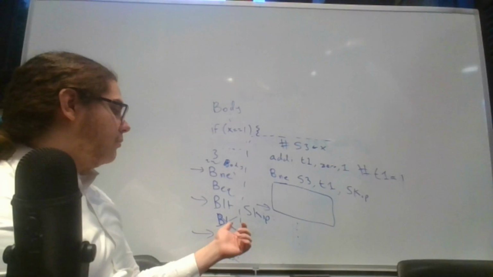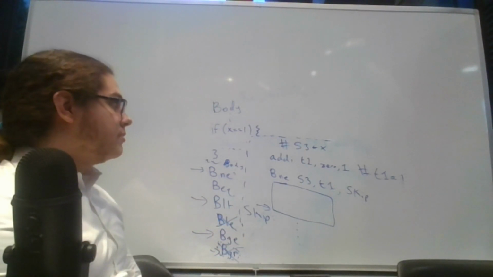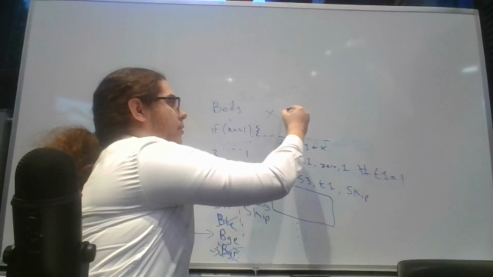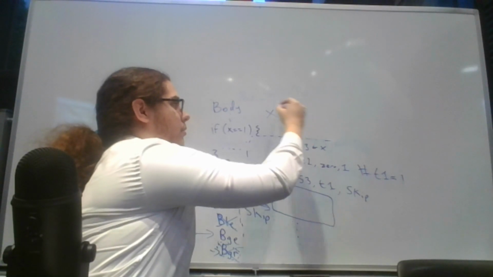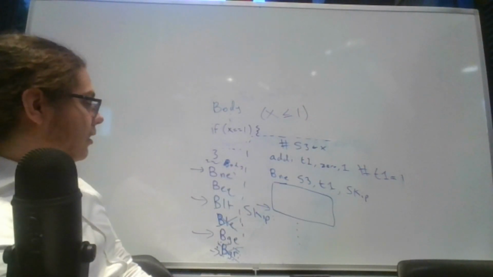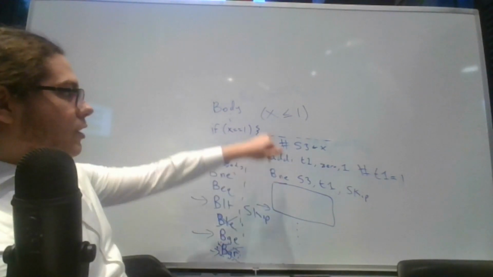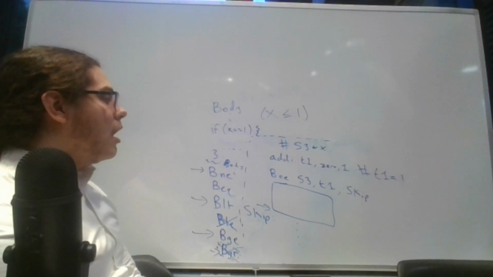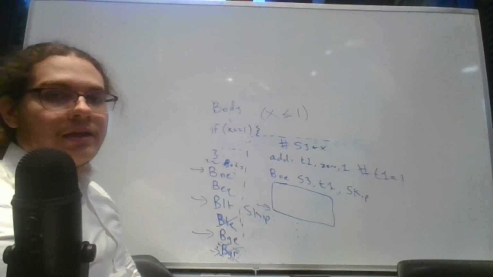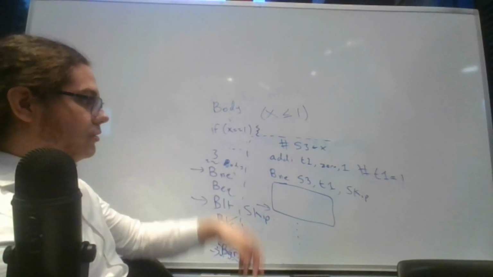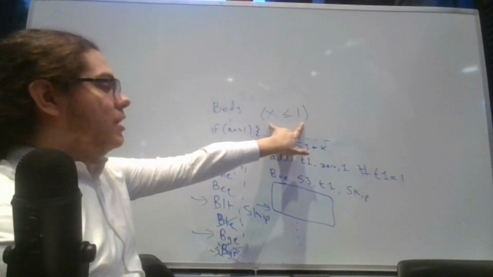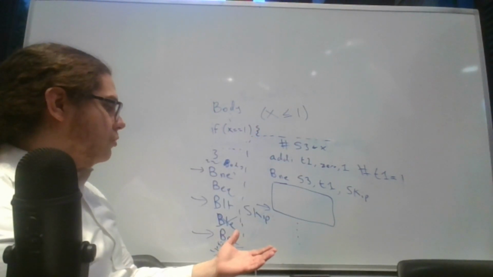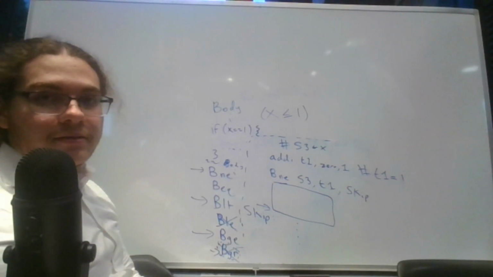The main reason that we even have these is just because if we have something like this, branch if less than or equal to 1, you can actually implement that using another instruction. Because remember what I said is you take a look at this and you say, okay, I want to compare it to the opposite.